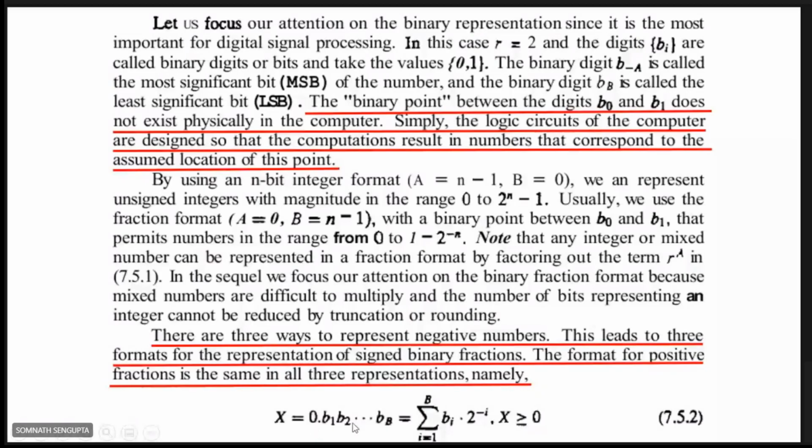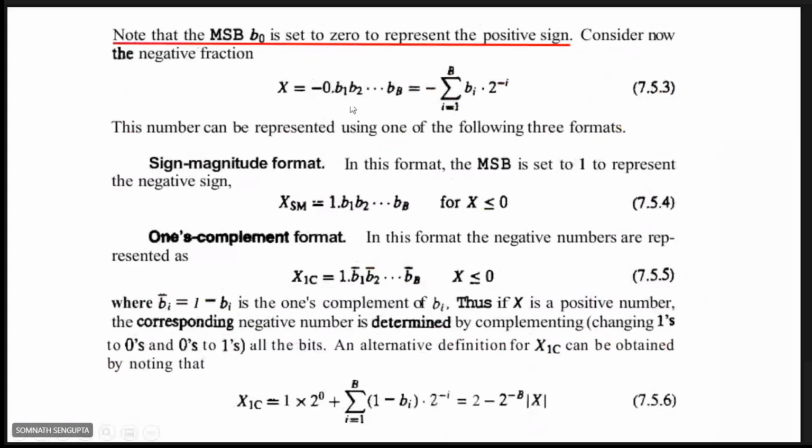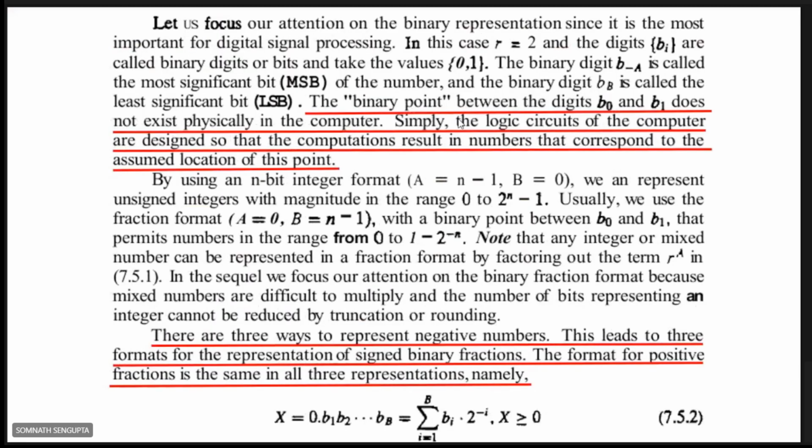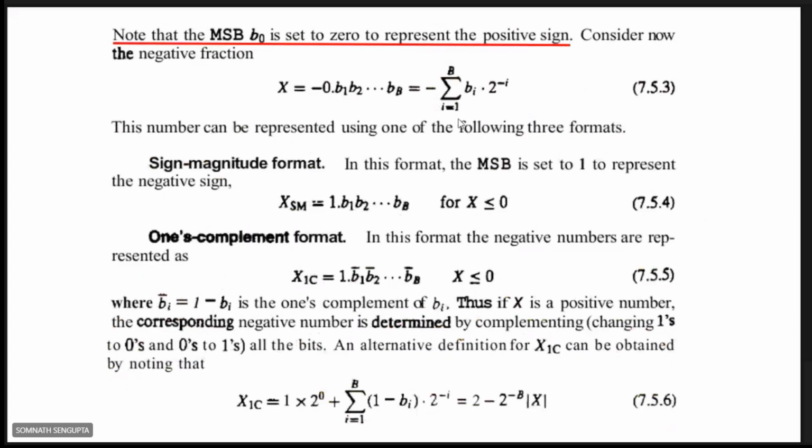And a negative number is represented by 1 at the beginning. So 0 represents a positive number and 1 represents a negative number.